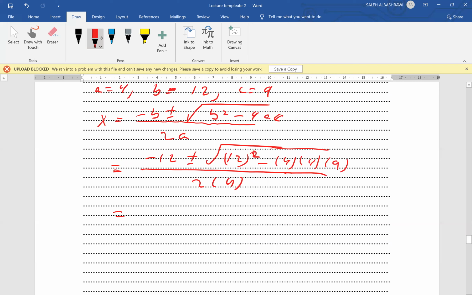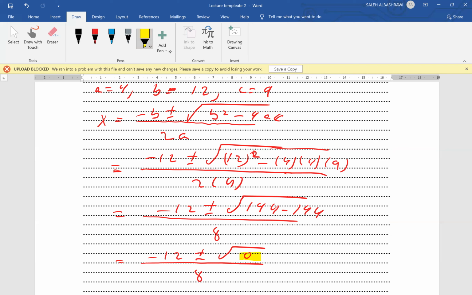This will give me minus 12 plus or minus the square root of 144 minus 144, divided by 8, which is equal to minus 12 plus or minus the square root of 0 divided by 8.